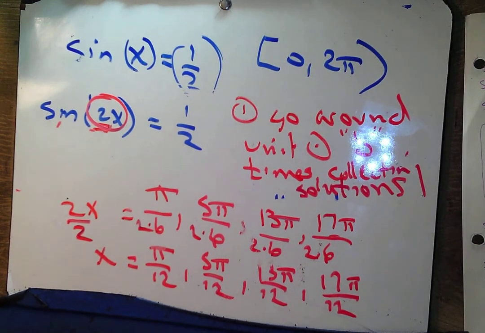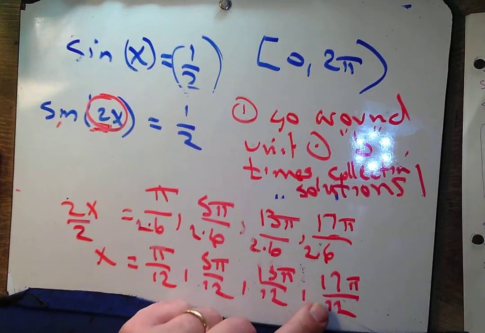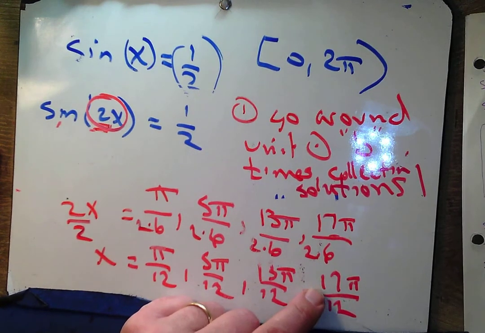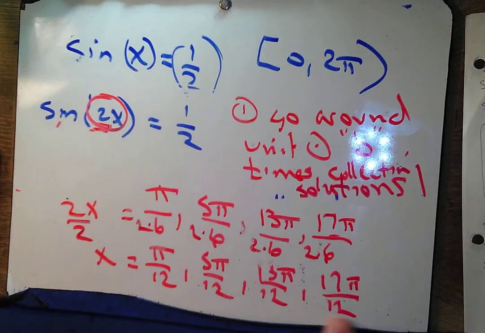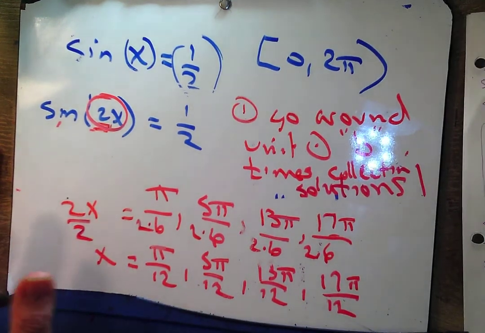Good. So yeah, I get these solutions, and over here, 24 pi over 12 would be 2 pi, and this is less than 24 pi over 12. So all my solutions are, in fact, between 0 and 2 pi.